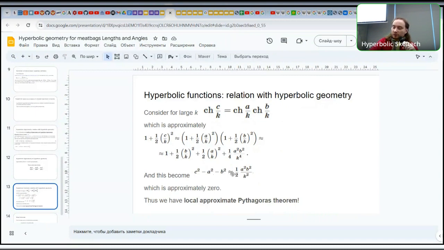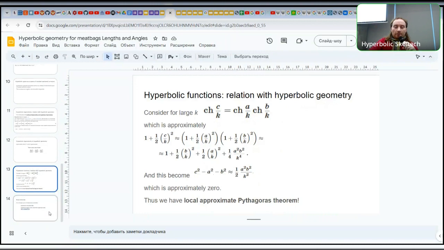This tells us that we can think of hyperbolic geometry for a large curvature, or for a small curvature, as very similar to Euclidean geometry, but just very locally. When you go far away, this will break.